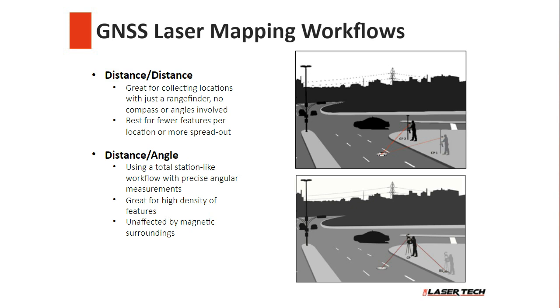Another one that can be effective where the compass isn't is this distance angle. Another product we have is called our True Angle device, which will just measure a horizontal angle with an encoder. It isn't affected by any local attractions or anything. So in this scenario, again, we're back on the side of the curb. We're going to take a reference shot with the encoder just to kind of get us onto the grid we're working with.